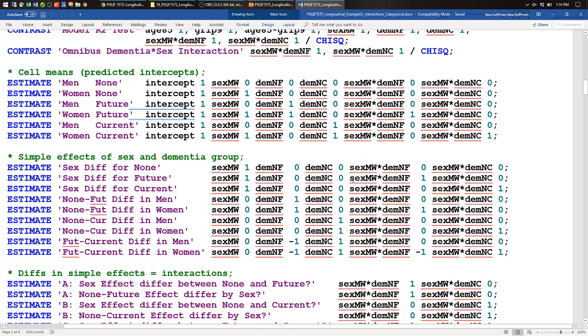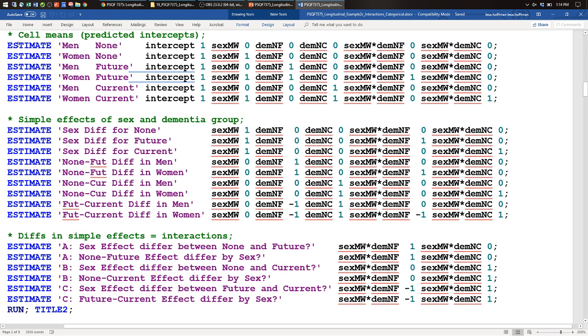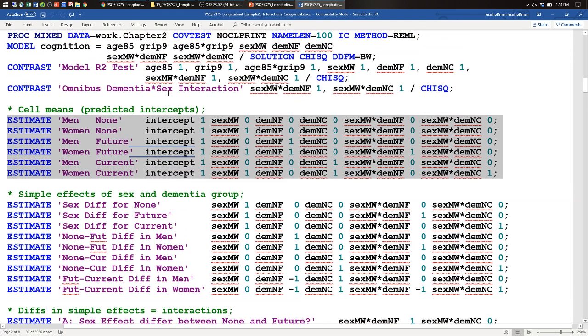Now, getting everything that I would want to know. First set here, cell means. Predicted intercepts holding age at 85 and grip strength at 9. They all start with intercept. So whenever you're asking for a cell mean, a predicted outcome, a conditional outcome, an expected outcome, all of those words mean the same thing in this context. They start with an intercept. And then all the main effects and all the interactions for those variables that you're not holding constant to some value have to be included.